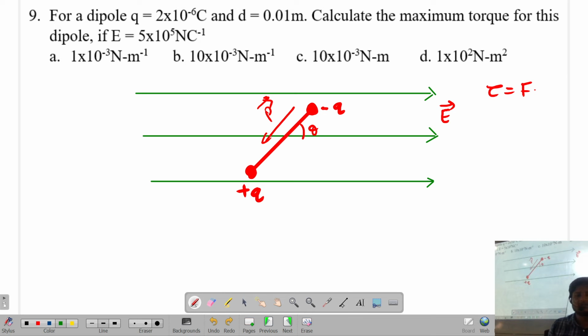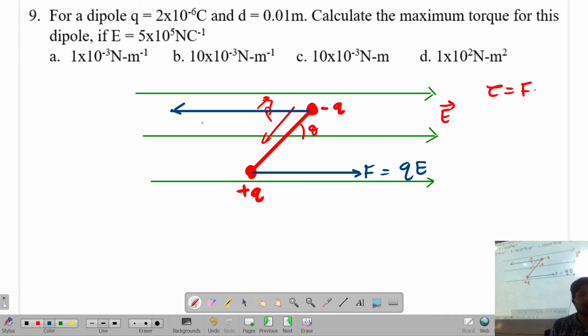This is minus q now. So force will act in opposite direction or not? Simple things you guys are not answering. Electric field is towards right, charge is negative or not? So one force will act along this side or not? This charge is positive, electric field is positive, so it will experience the force along this side. This is the force on positive, which is equal to how much?